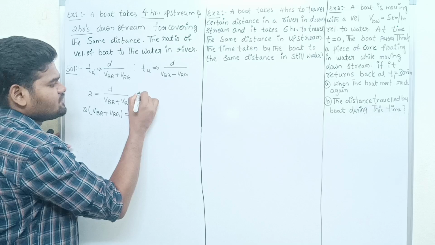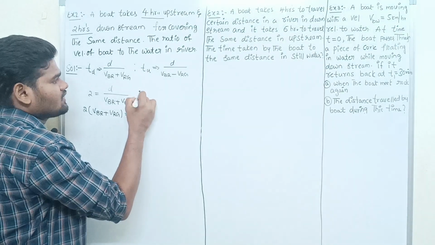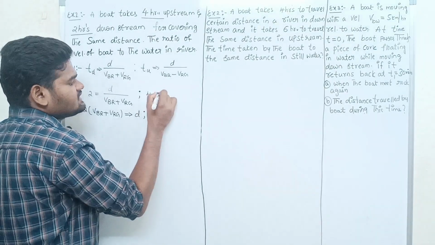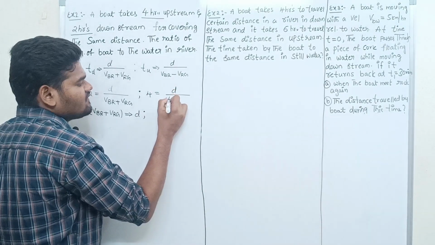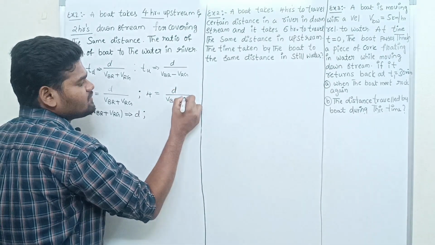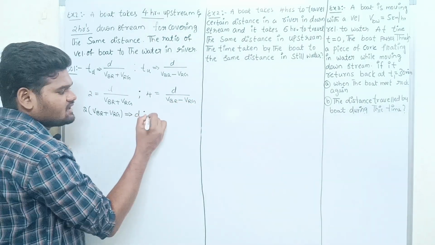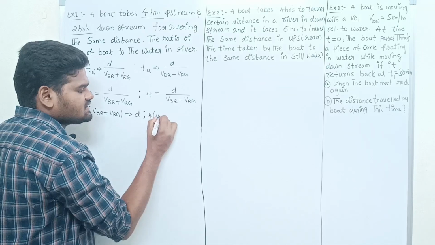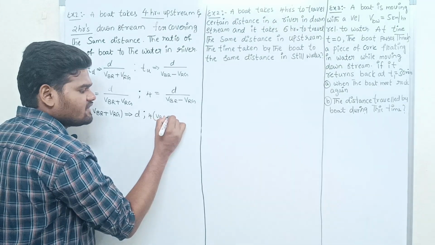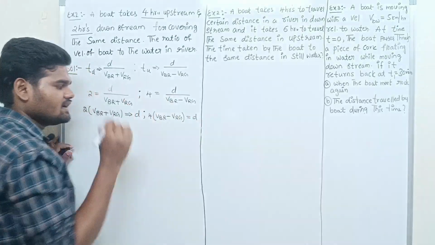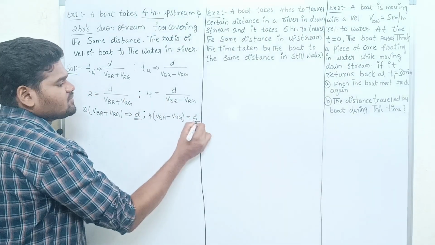Okay, so the same thing we can do here. What is the time of upstream? 4 hours is equal to distance by velocity of boat with respect to river minus velocity of river with respect to ground. Bring this term to this side. It becomes 4 into (velocity of boat with respect to river minus velocity of river with respect to ground) is equal to D. So have a look at the given question.